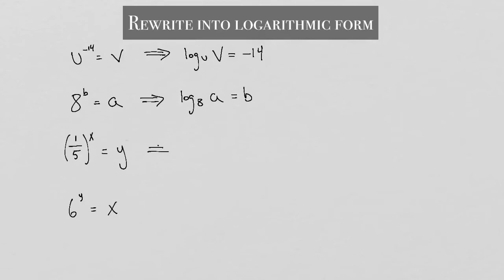Okay, this next one we have log base 1/5. You could put it in parentheses if you like. Log base 1/5 of y equals x. This next one we have log base 6 of x equals y. Go ahead, if you need to, put this video on pause to write these down. Feel free to pause these videos at any time.